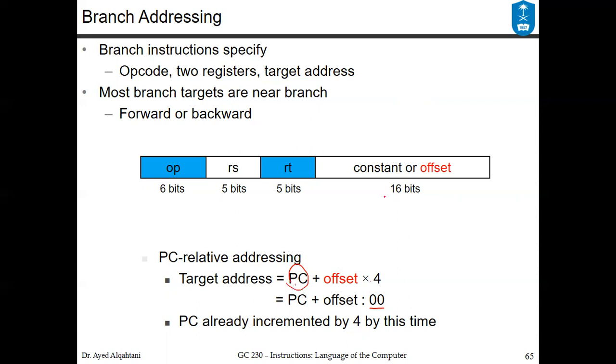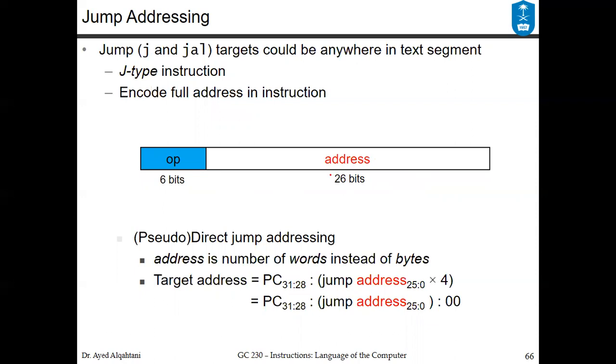So that's for the branch. For the jump, it's a pseudo direct jump address. What happens here is you go to the PC and take the 4 most significant bits, bits 28, 29, 30, and 31.